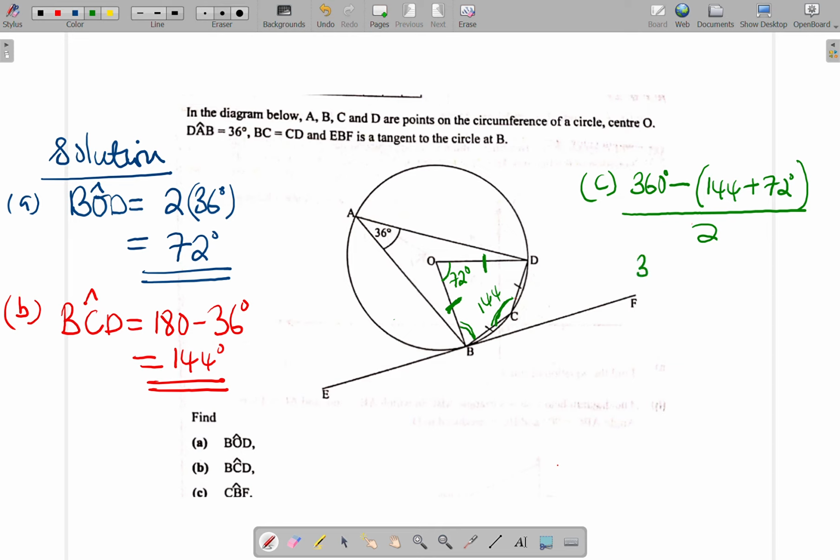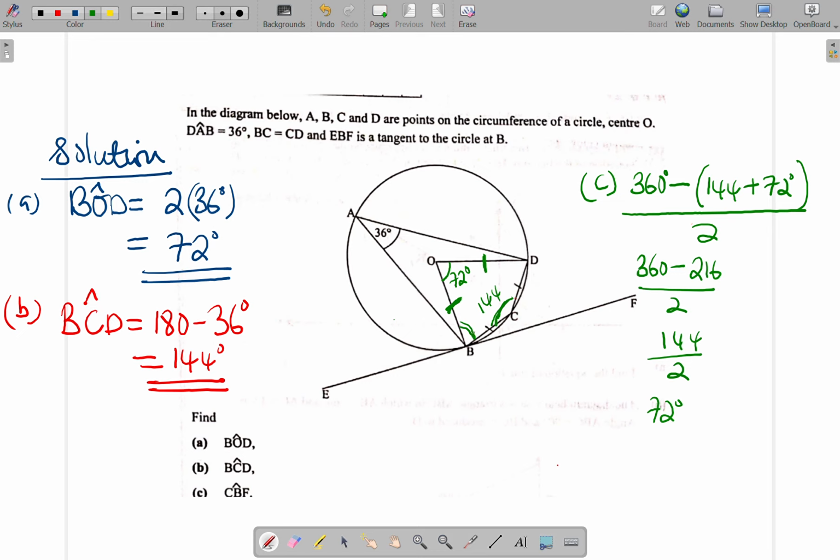So I'm going to have 360 less 216, the result divided by 2. 360 minus 216, I have 144, and 144 divided by 2 gives 72 degrees.